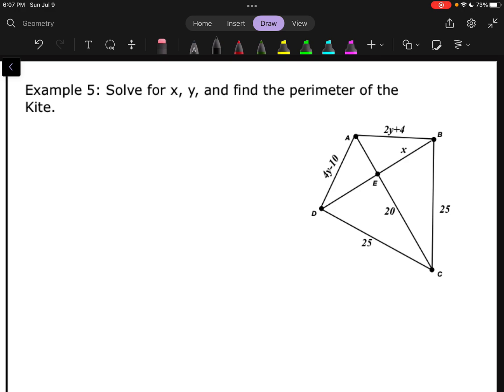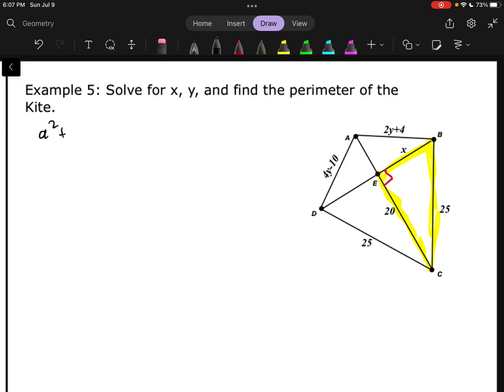Okay, so I'm looking at x first. X is one of the chunks of the diagonal. Now, what I know about the diagonals is that they form right angles, right? So what I'm thinking about is that this is a right triangle. And if this is a right triangle, then we could do the Pythagorean theorem. So that's what I'm going to do.